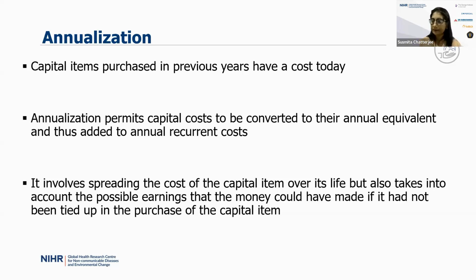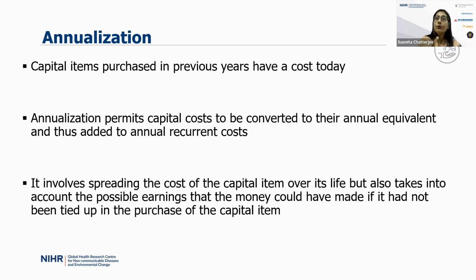Now, the question comes for the capital items, because a capital item, as I'm saying, lasts longer than 1 year. So you have to figure out what is the cost of the capital item for 1 year, right? Because the refrigerator will run for 10 years. I mentioned earlier that you cannot put the whole refrigerator cost in 1 year.